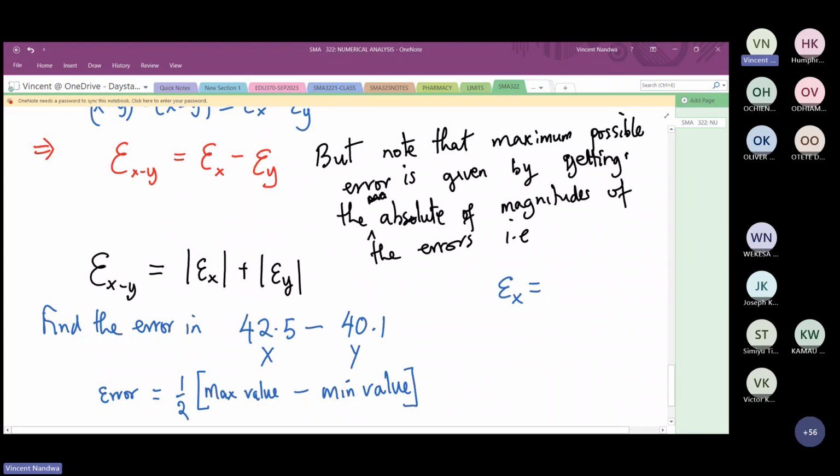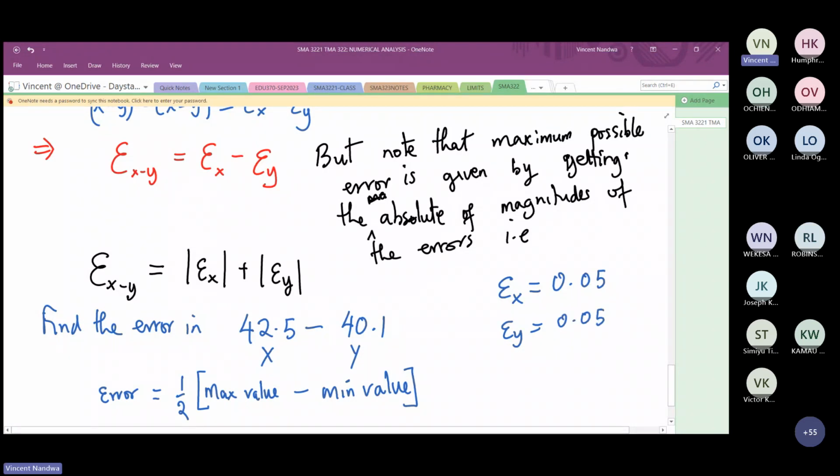What is the error in the quantity 42.5? Correct, 0.05. You remember the least unit of measurement for 42.5 is 0.1. So error is a half of 0.1, so 0.05, correct. And then error in Y? 0.05, correct.